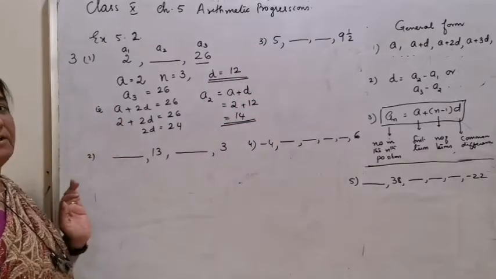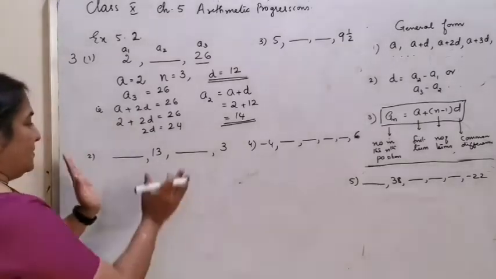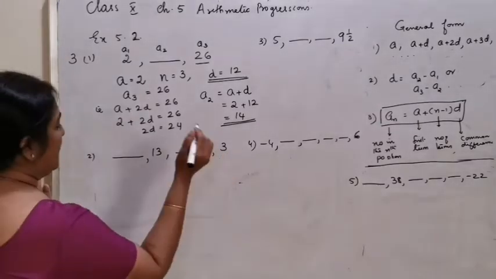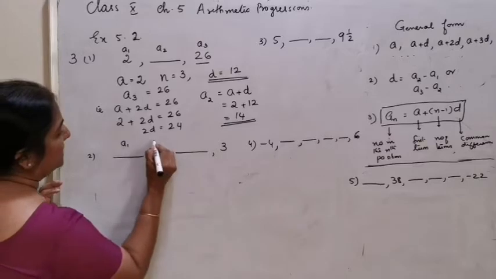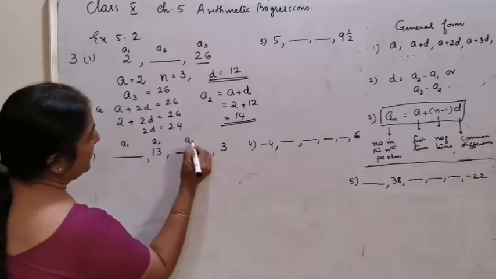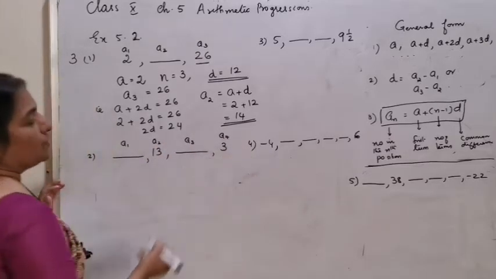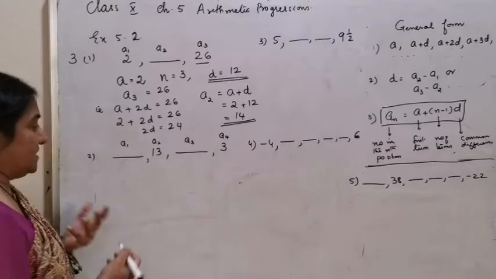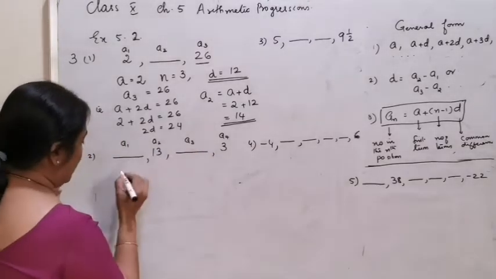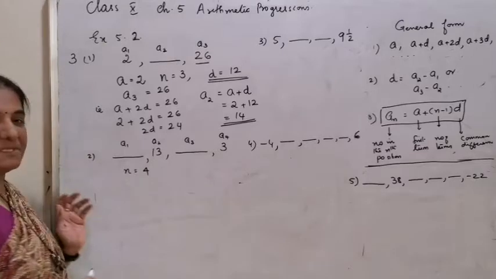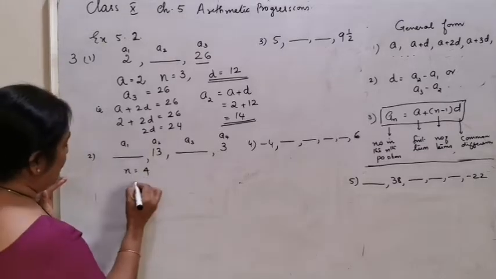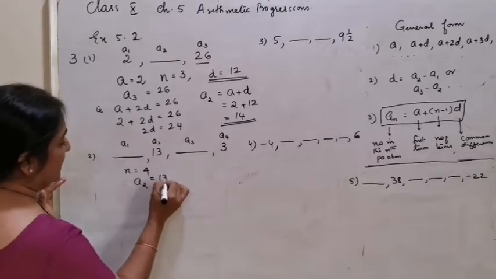The answer is 14. Similarly, when you see a question like this, understand it as A1, A2, A3, A4. So what all is given in the question? 1, 2, 3, 4. There are 4 terms. You know the value of A2 as 13.